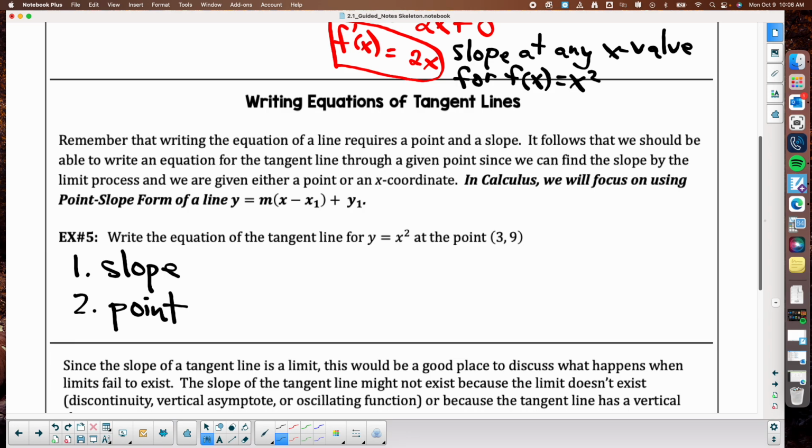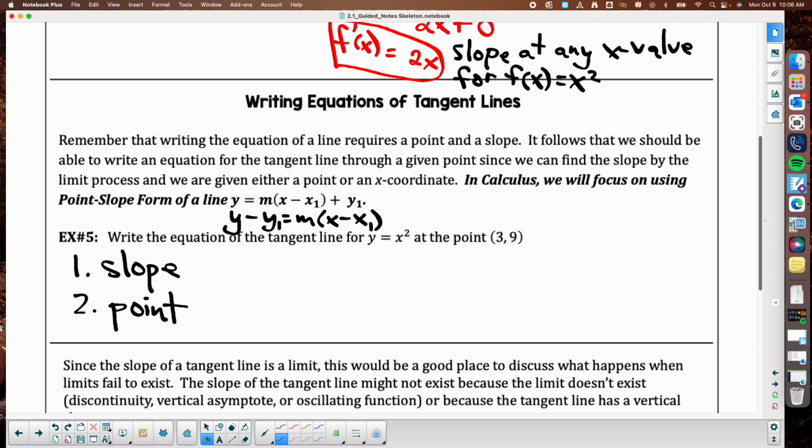Now, I will tell you this isn't the point slope form that most people know. The person who wrote these notes likes this version. I believe the version you guys are used to is y minus y1 equals m times x minus x1. I'm assuming this is the one you've done in Algebra 2 and Pre-Calc.